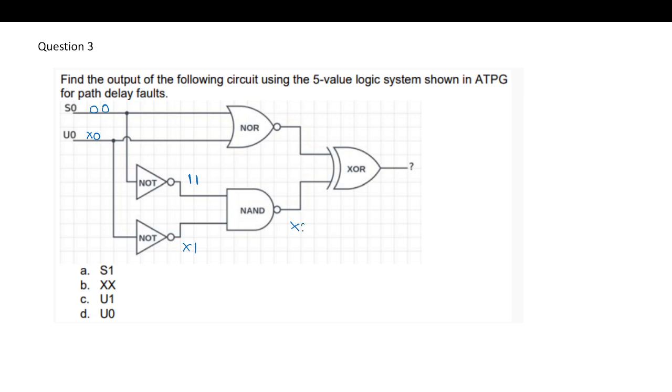Both are 1 1, output is 0. Again for the NOR gate, both are 0, output is 1. 0x is x, and the output is x1, different 1. So x1 is represented as don't care 1, so u1.